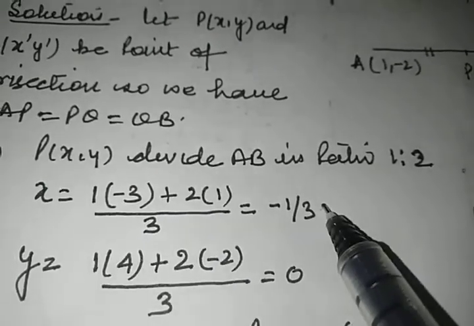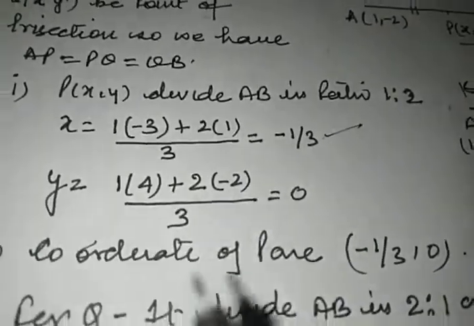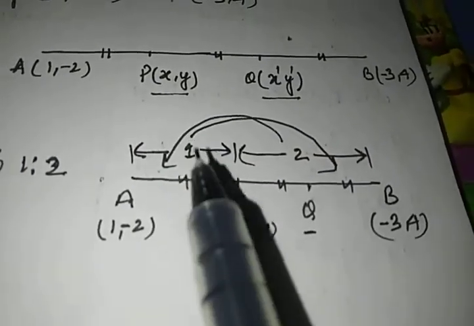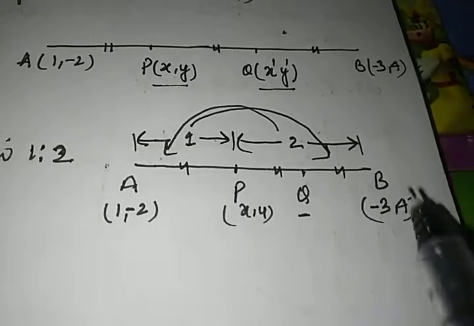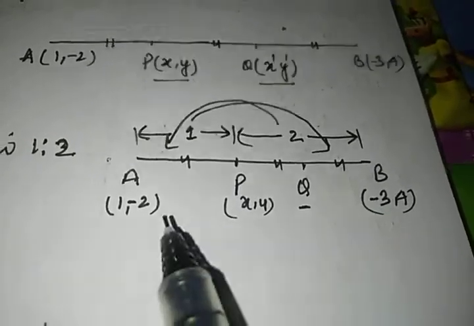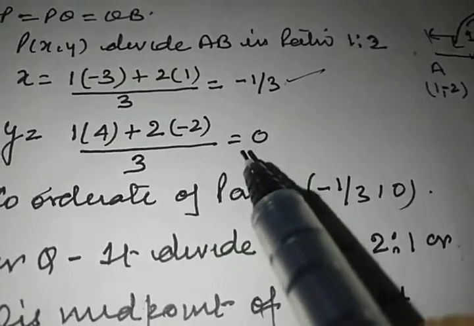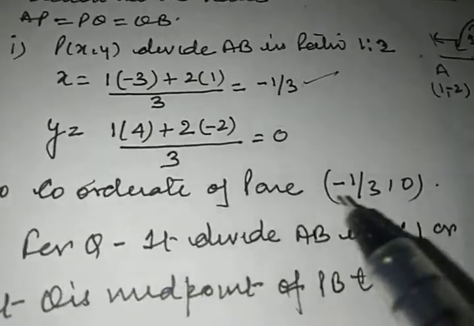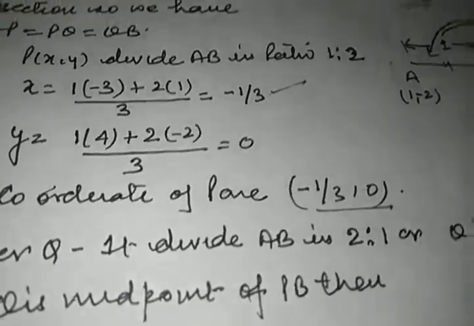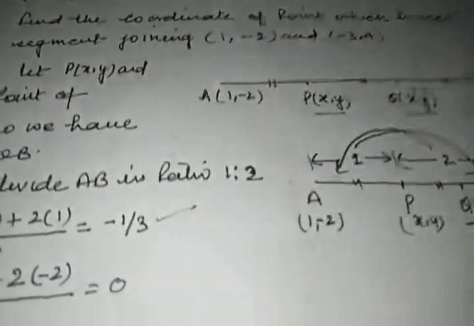This is -1/3. Now the y coordinate will be (1 into 4 plus 2 into -2) upon 3, which is 0. So the coordinates of P are (-1/3, 0).